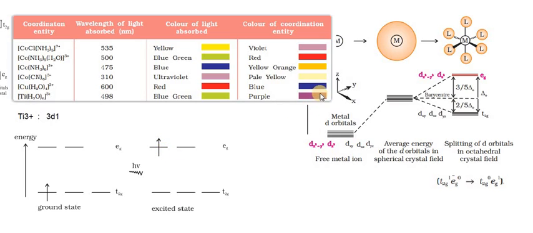So you observe the purple color because it is absorbing blue-green light of 498 nanometer wavelength, and that's why it appears to be purple or violet in color.